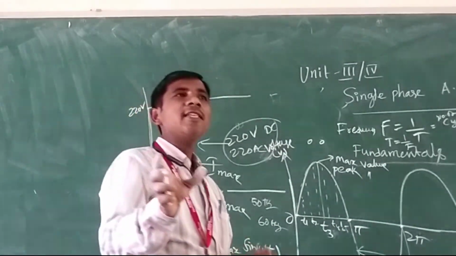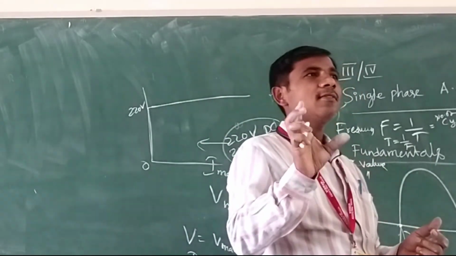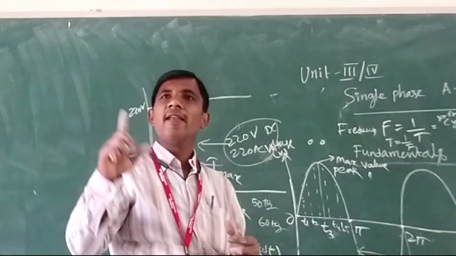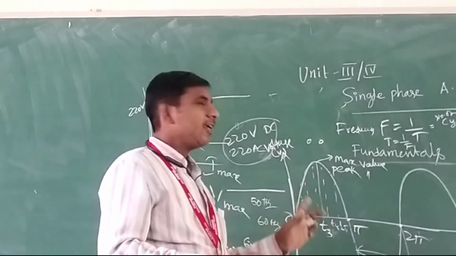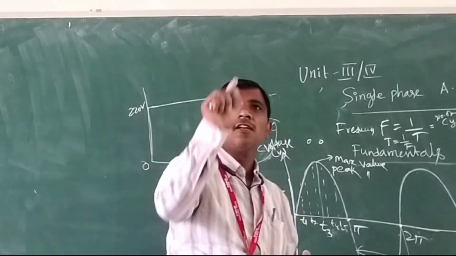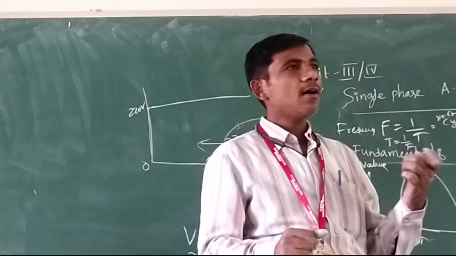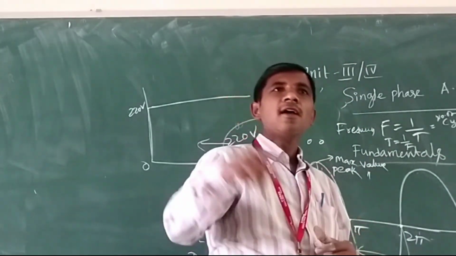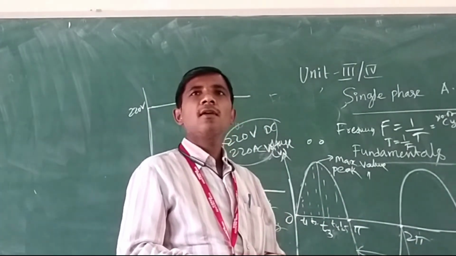The mobile we manufacture in India has to work in America also, because they have 60 Hz. That's why every charger and electrical equipment mentions 50/60 Hz. If you purchase a TV here and go to America, it works because 60 Hz is also suitable.